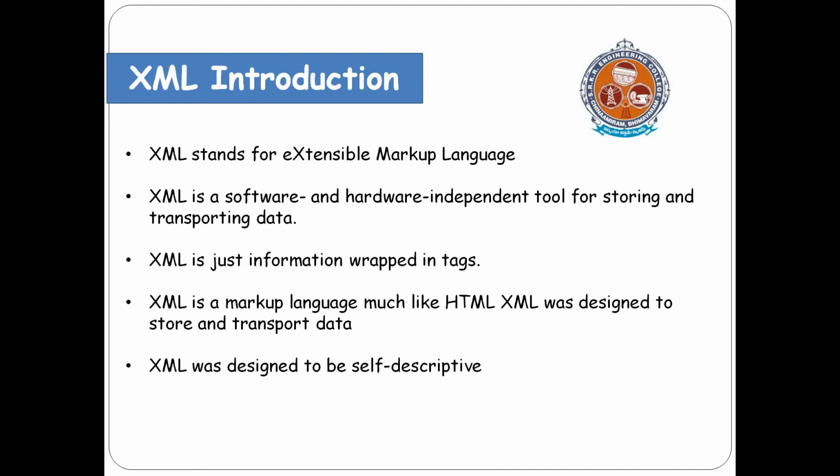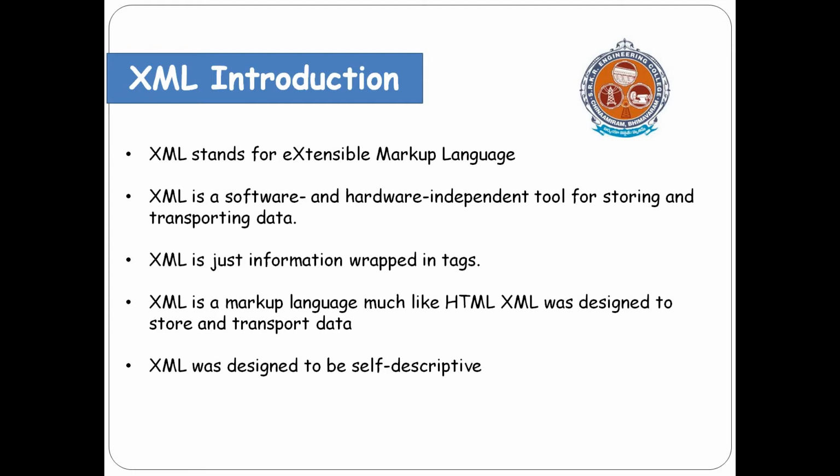XML is a markup language. It is very much like HTML. The difference between HTML and XML is, in HTML we give the layout of the data, and XML is only designed to store and transport the data. XML was designed to be self-descriptive.